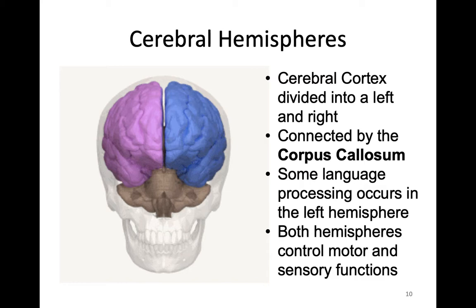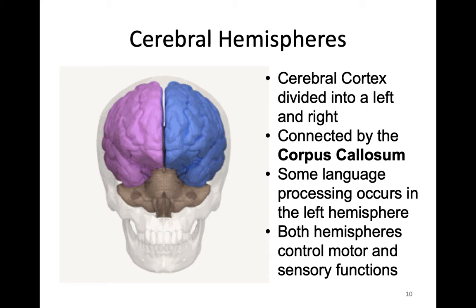Now you have maybe heard in high school classes or just on the internet or in the world that the different parts of your brain, like the left side and the right side, are responsible for different things. Like you might have heard that people who are left-brained are more creative, people that are right-brained are more analytical. These claims are not really true.